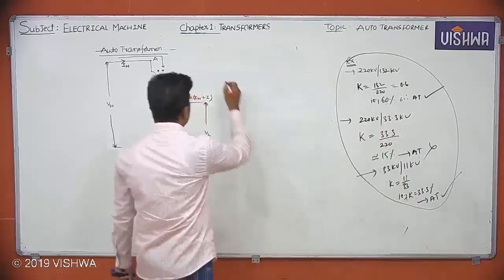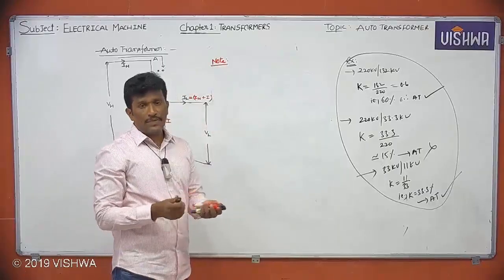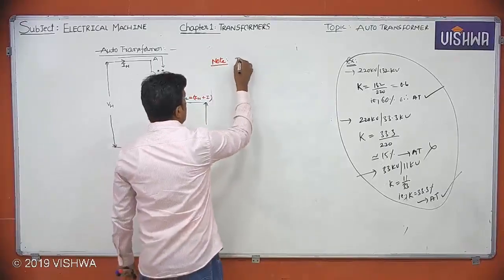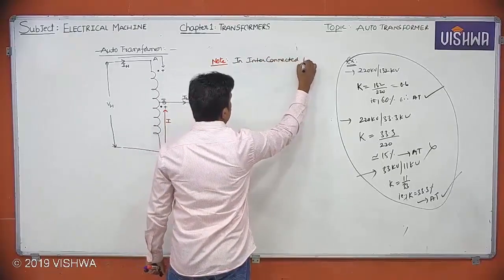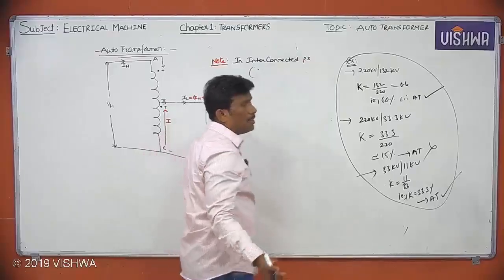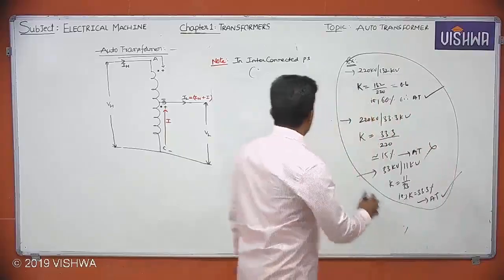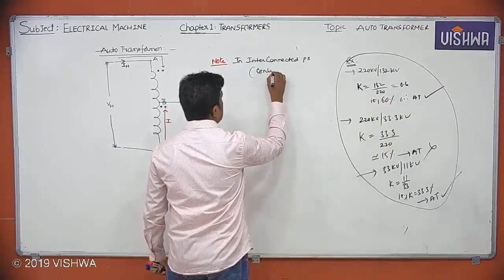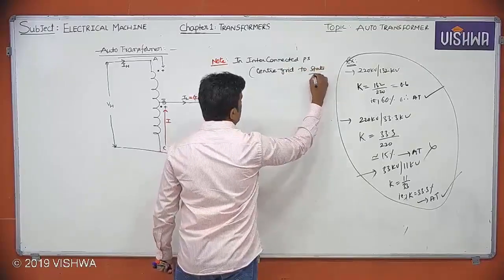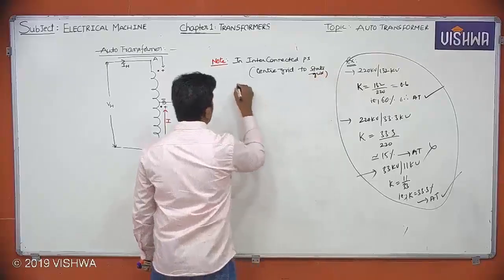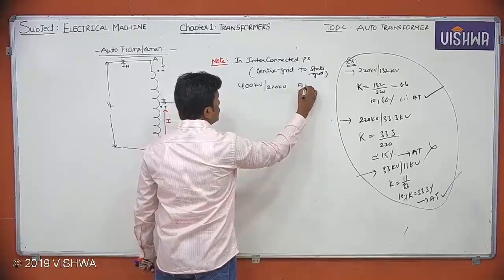Now tell me, can I use? Let me give a note here. In an interconnected power system, where the central grid is connected to the state grid, for example 400 kV by 220 kV, an auto transformer will obviously be feasible.